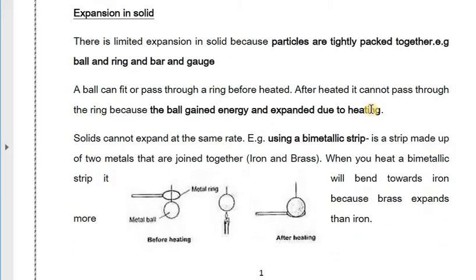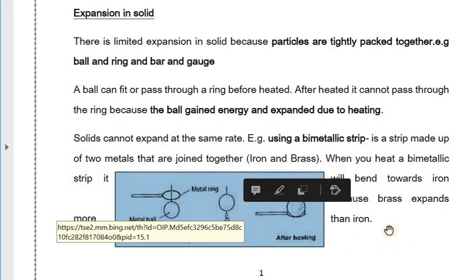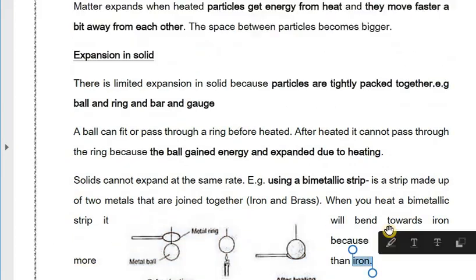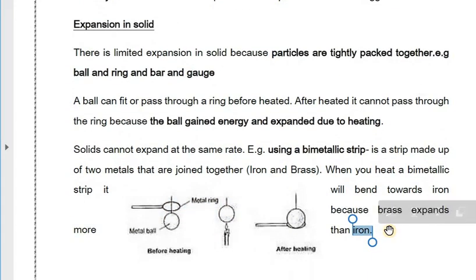So there is an image here of the ball and ring apparatus, and there's also a video that I'm going to play just now that is showing contraction and expansion in different substances.